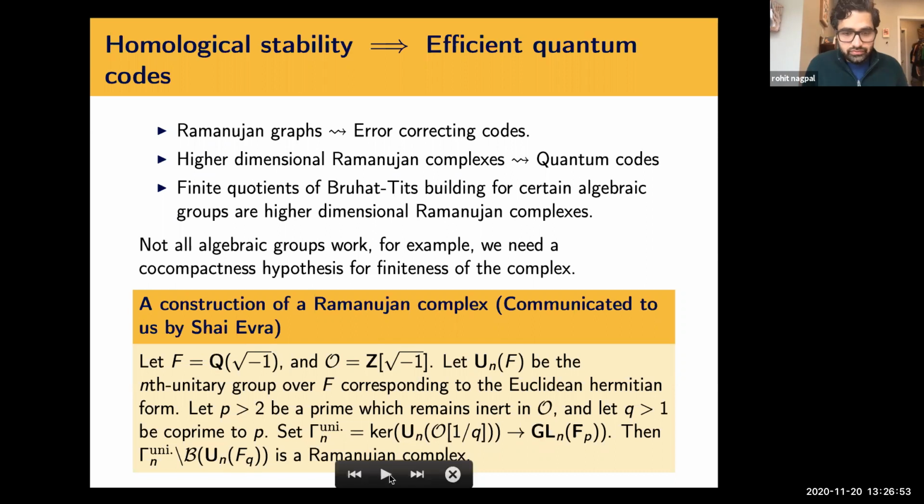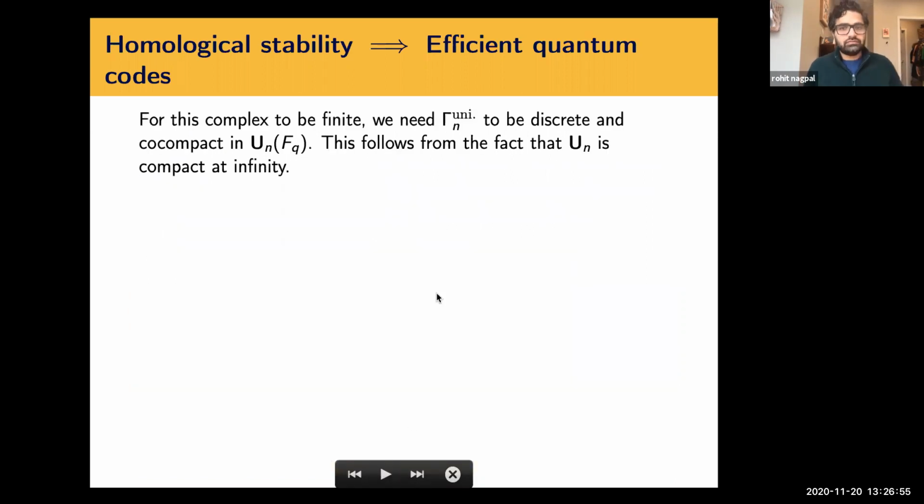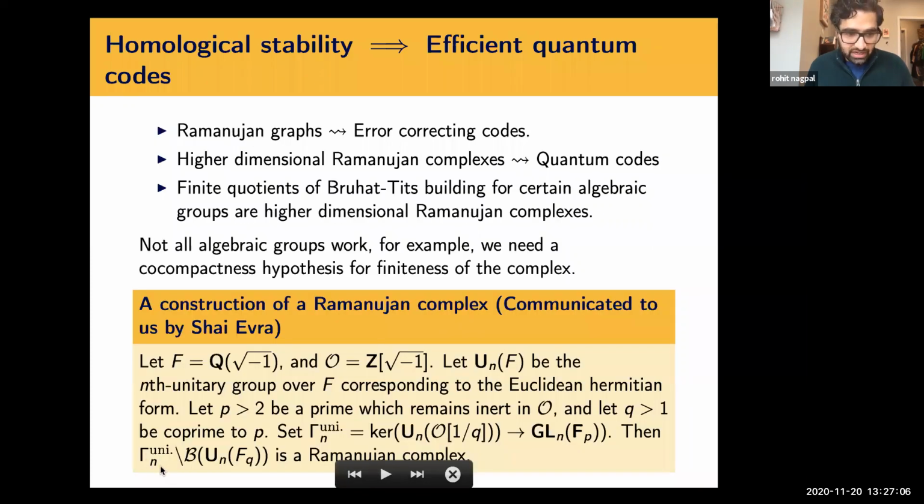Now let's go to the next one. One thing to note is that we want this Ramanujan complex to be finite. So let's go back again. We are quotienting by U_n of this, which I'm calling the unitary congruence subgroup, because it is the congruence subgroup of the group of unitary matrices, right?